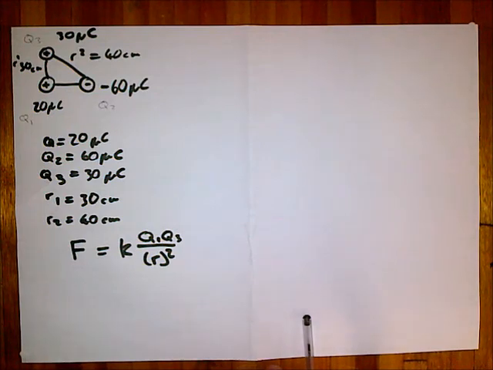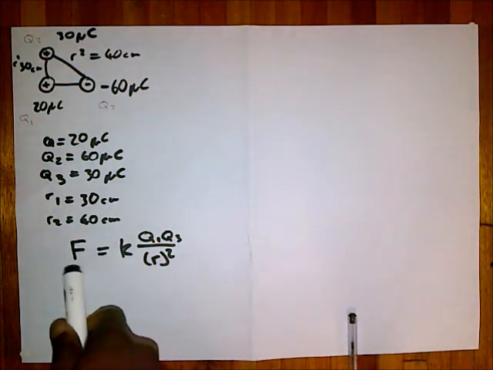Choose a positive direction, and forces that act in the same direction on the charged object are added, and forces acting in the opposite direction are subtracted. Forces that are at an angle to one another, two-dimensional problems, must be resolved into their x and y components. If you want, you can use Pythagoras theorem and the trigonometric functions sine, cos and tan to calculate the magnitude and direction of the resultant force.